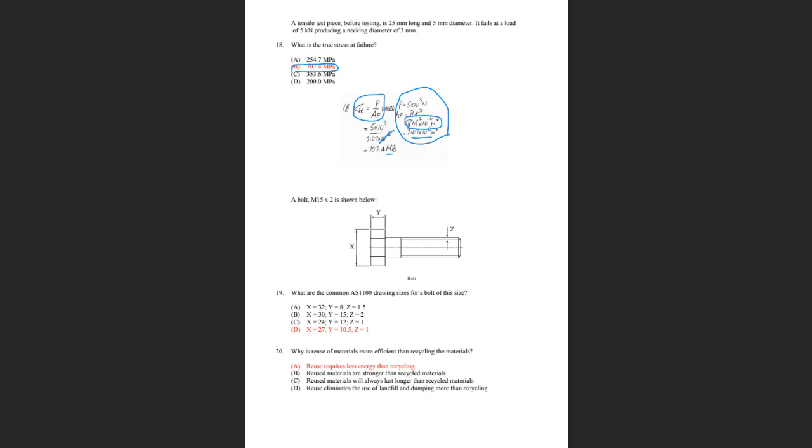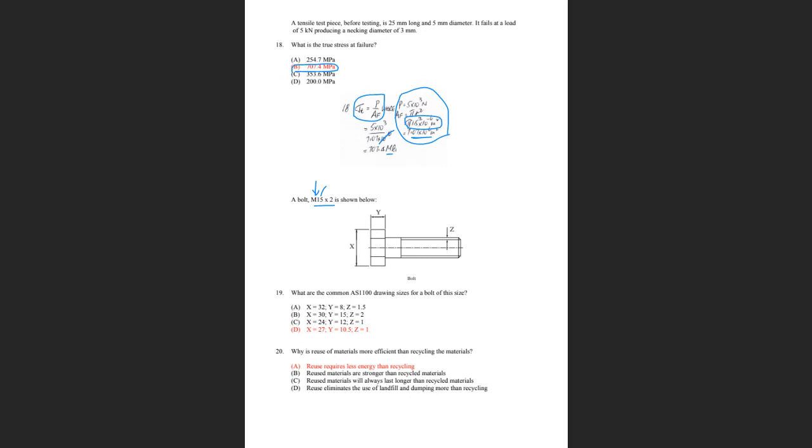Question 19, you're given a bolt. Now, make sure you know what this means. M is metric profile, and we'll only be dealing with metric profiles. You don't have to worry about Whitworth or Sellers or British Association. We only deal in engineering studies with metric profiles.